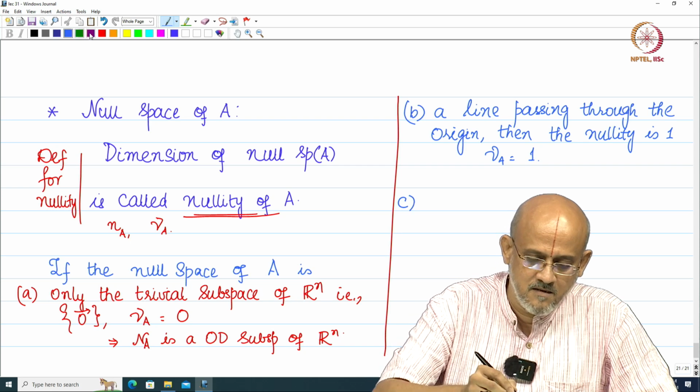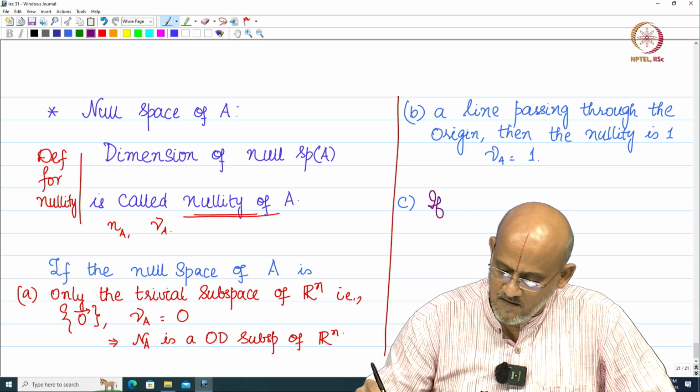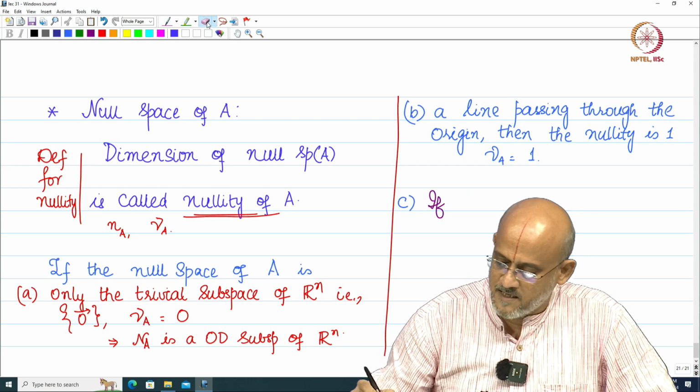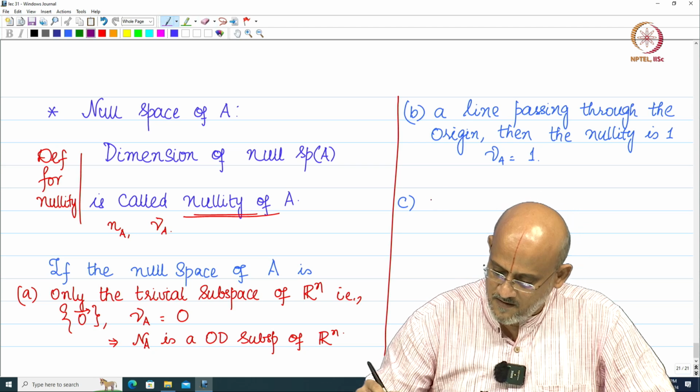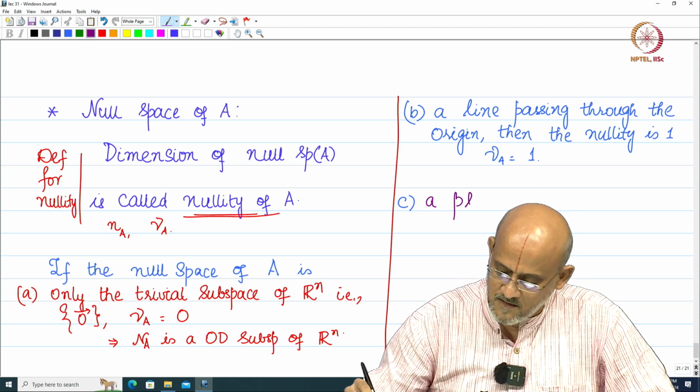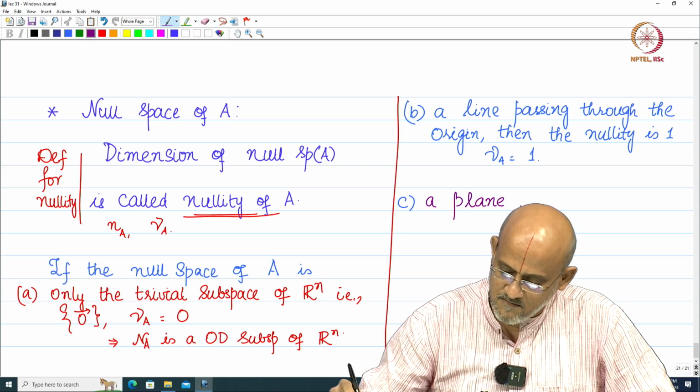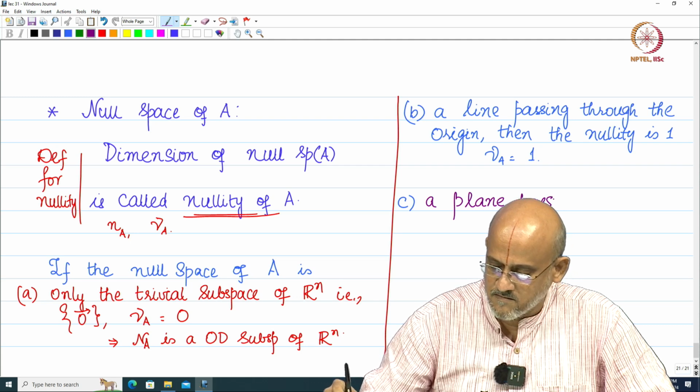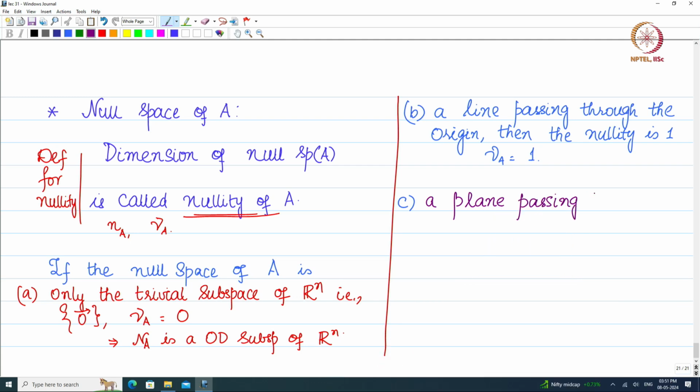If the null space is a plane passing through the origin, then the nullity is 2.